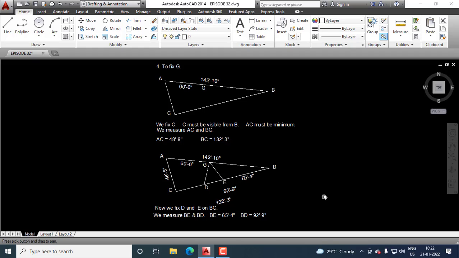Now we fix D and E on BC. We measure BE and BD. BE is 65 feet 4 inches and BD is 92 feet 9 inches.